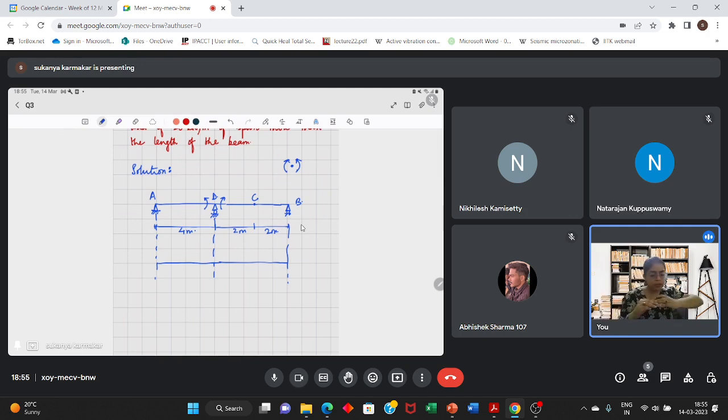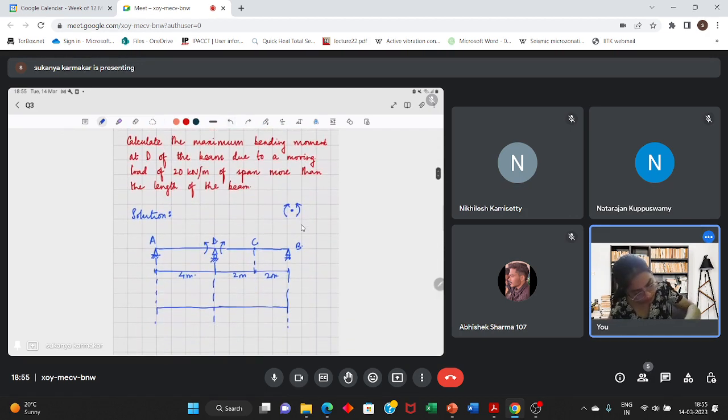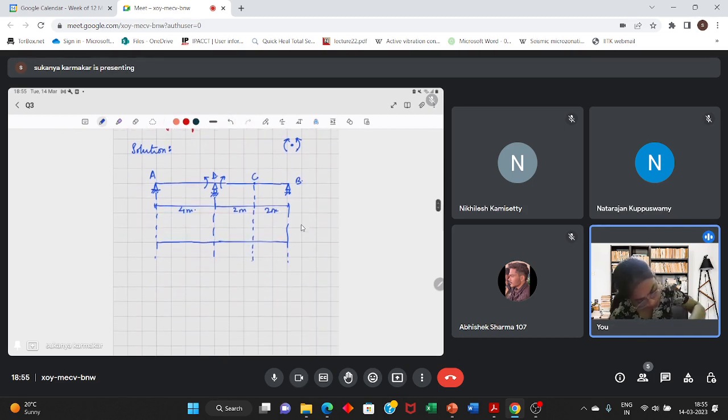So in the portion DCB, you're pushing the point D down. And this point C is a hinge, so a kink can form here, and this point B is again a roller, so no movement is allowed at that joint. So this will move up.